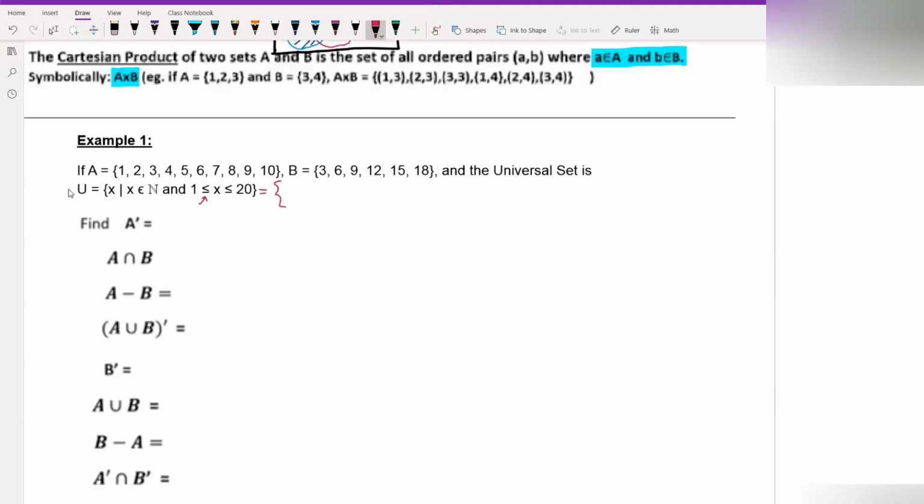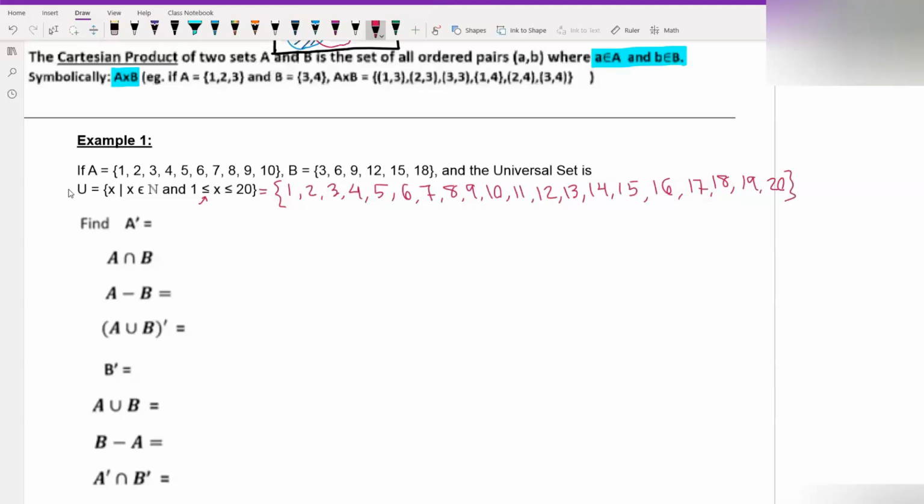Here we have equal to, starting from 1. It's better to write this because this way it's easy to answer all these questions, but it's not required to write these if it's not asking you.